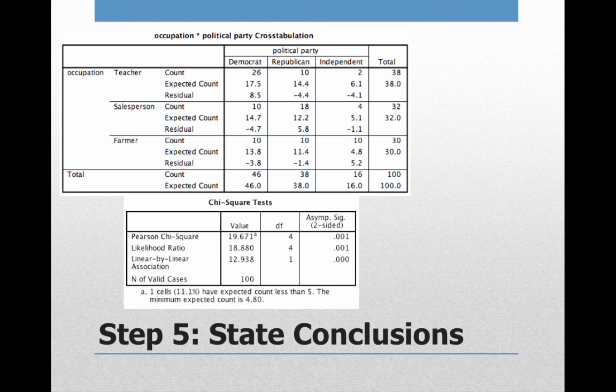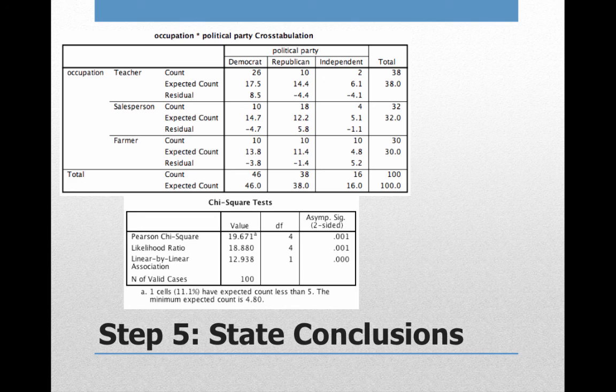What you do want to worry about, and what you always want to include in your work for chi-square analysis, are these 2 tables, your crosstabs table and then your chi-square test analysis. So we see in our second table, Pearson's chi-square is equal to 19.671, which is what we calculated by hand. We do have our degrees of freedom, which we did do by hand, and now we see our p-value, which is equal to 0.001.